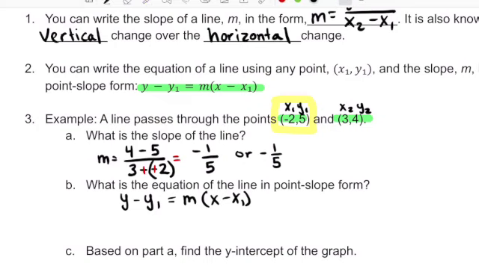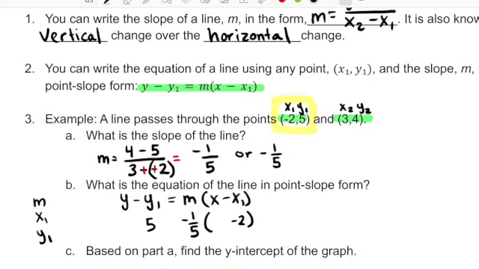What we're plugging into the equation is the m, the x1, and the y1. In this case, the m is -1/5, which we found in part A. The x1 is -2, and the y1 is 5.